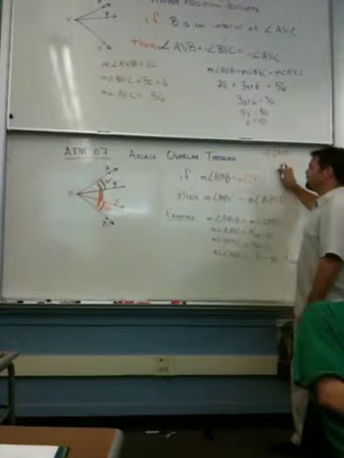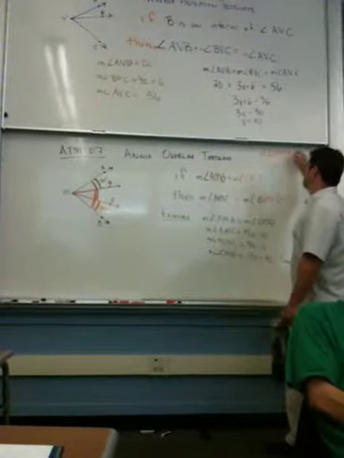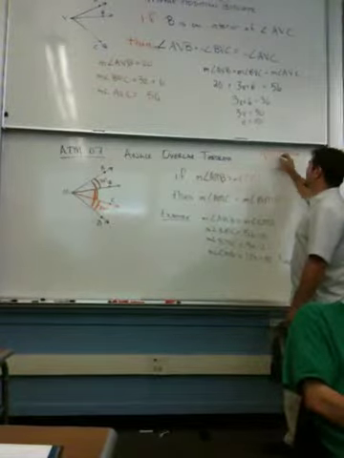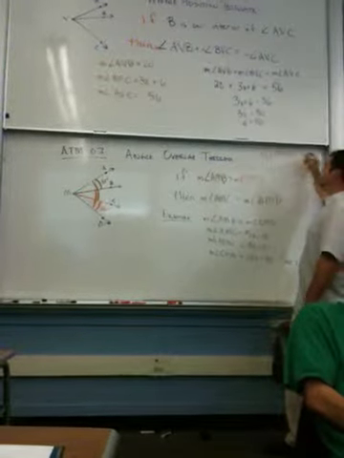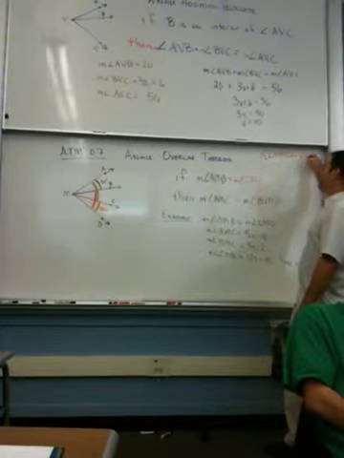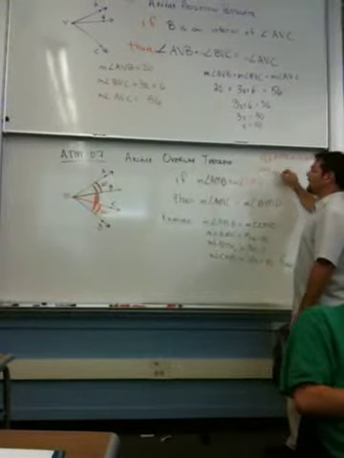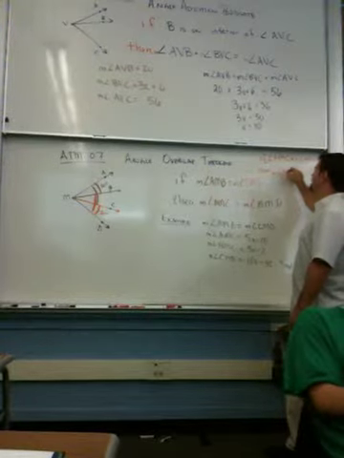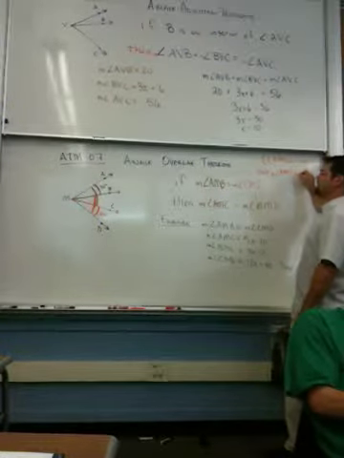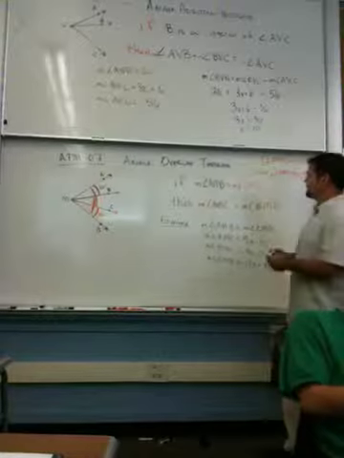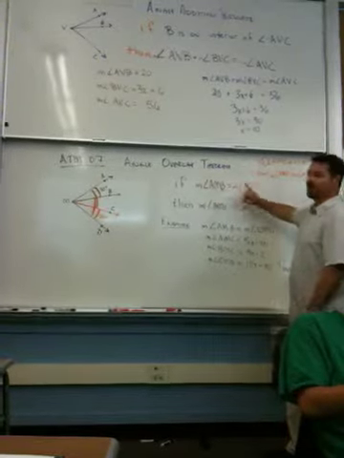Isn't it just the exact same thing backwards, like switch the if and then? Exactly. So if the measure of AMC is equal to the measure of angle BMD, then the measure of angle AMB is equal to the measure of angle CMD. It just flips this one and this one.